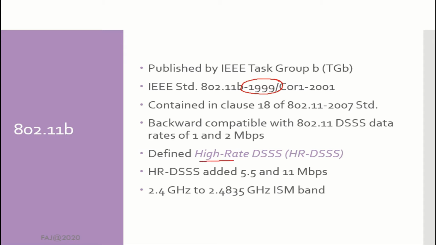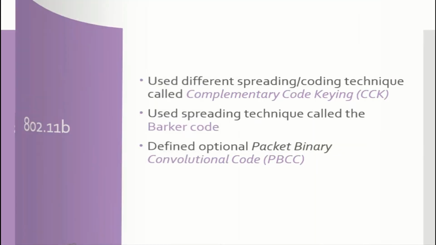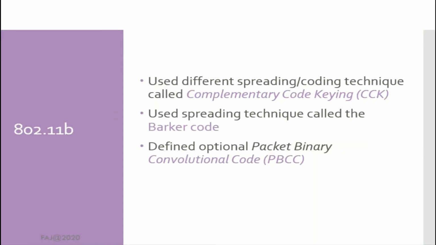It defines high rate direct sequence spread spectrum, HR-DSSS, which added 5.5 and 11 megabit per second. It uses the 2.4 GHz to 2.4835 GHz ISM band. These are additional info for 802.11b.